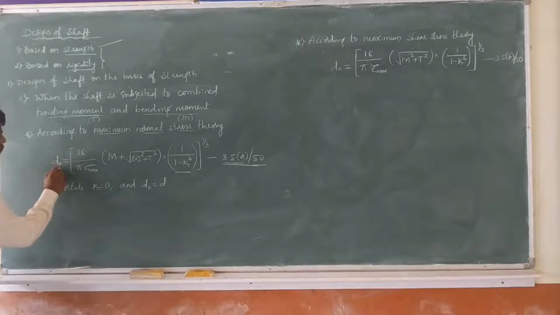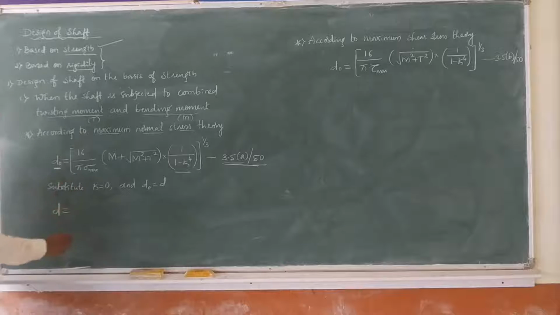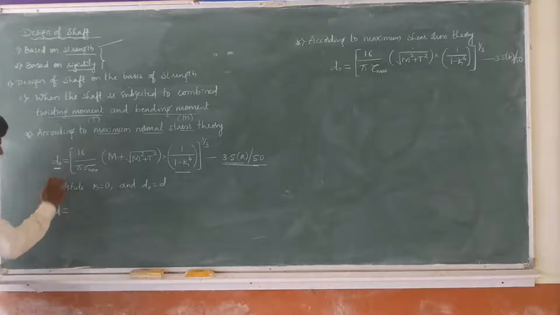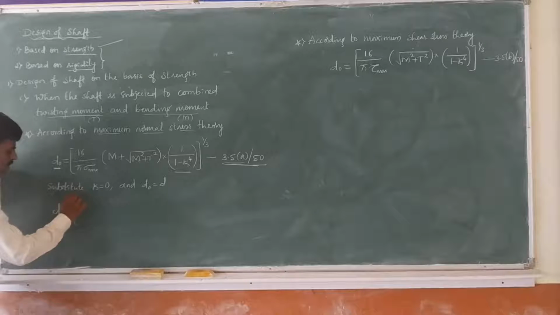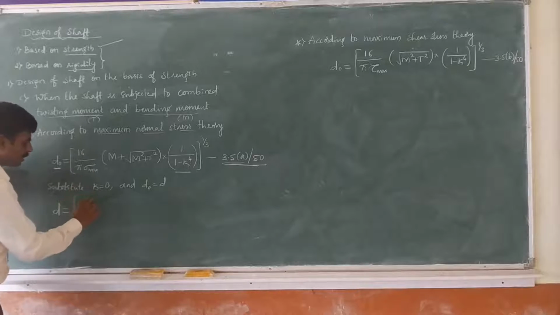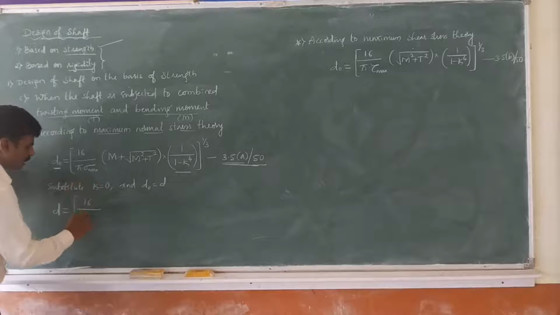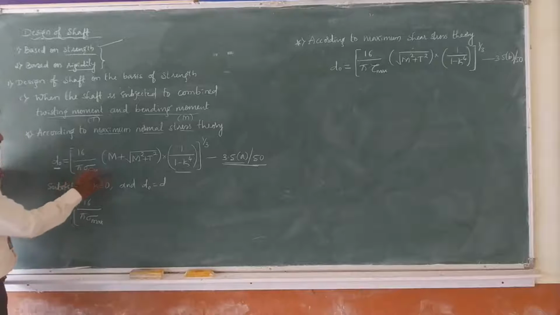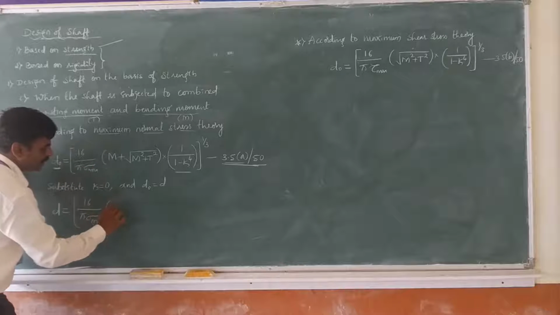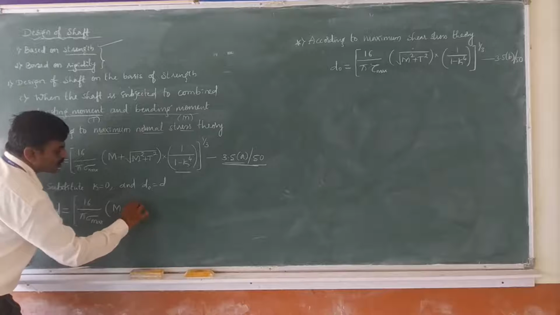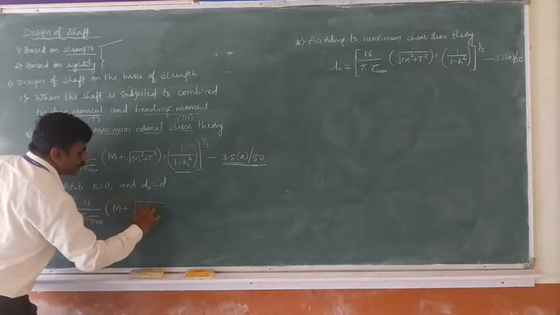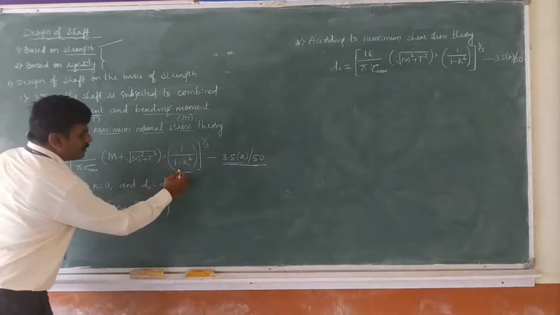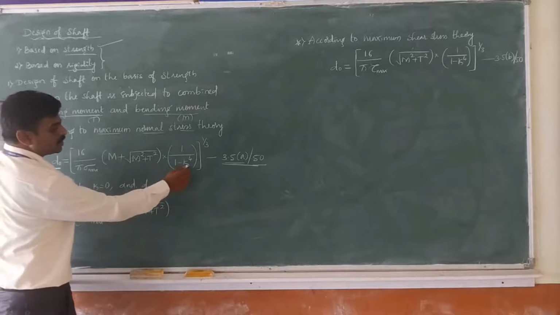When we are replacing D naught by D, within the square bracket we have 16 divided by pi sigma max. We are not changing these terms, and within the bracket M plus square root of M square plus T square, as it is. Now the thing will change here because we are substituting K is equal to 0.